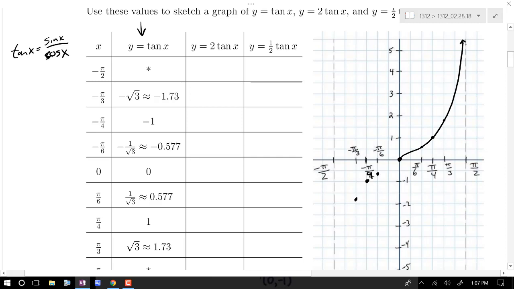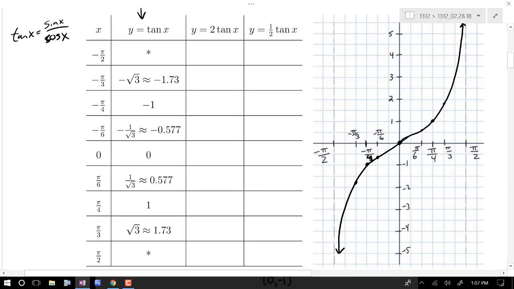Because the closer I get to pi over 2, it's going to blow up. It's just going to get as high as you want the closer we get to that dotted line. And similarly, the closer we get to negative pi over 2, it blows up in the negative direction. So there's a nice smooth curve.